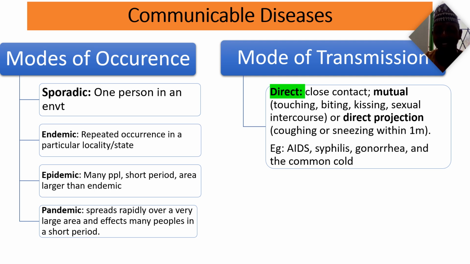Examples of diseases that can be transmitted through direct projection include coughing or sneezing. So all these are diseases that can be transmitted through direct projection.